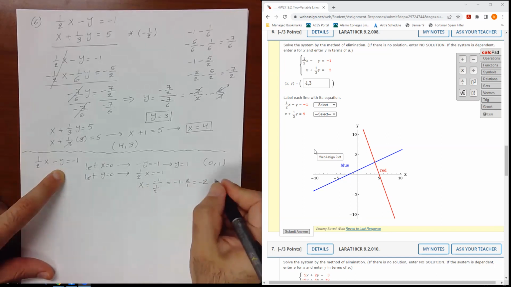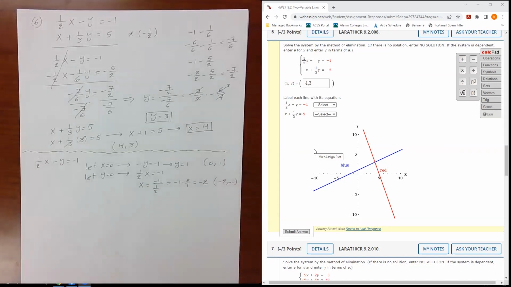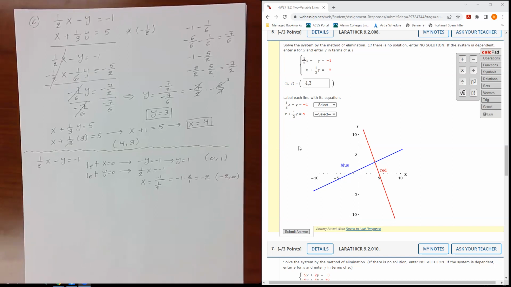That means the point is going to be -2 and 0. So the first equation has points 0, 1. So you see here is 0 and here is 1. 0, 1, here is the point. And the second point is -2, 0. That means the first equation is going to be the blue one.